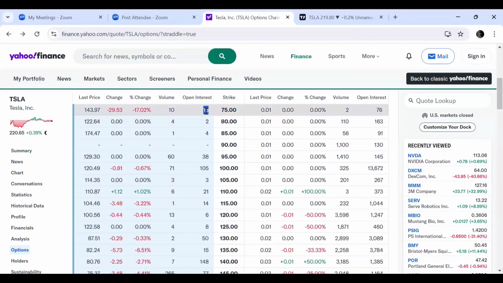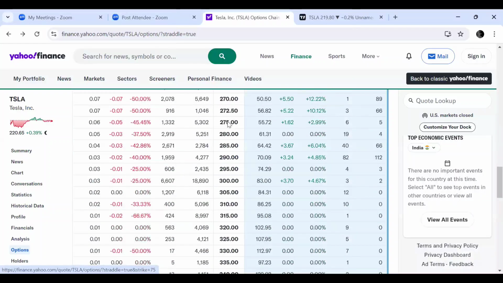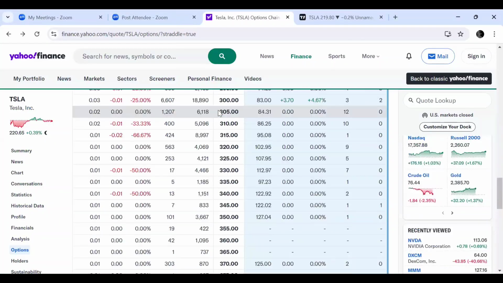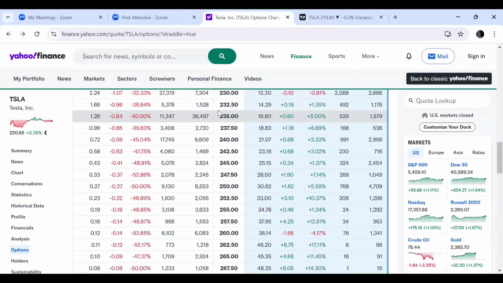So when these people are purchasing, they're putting their money in. Why would they think of taking losses? Here, everyone wants profit. Each one of them, from $75 to $450, wants profit. No one wants losses.